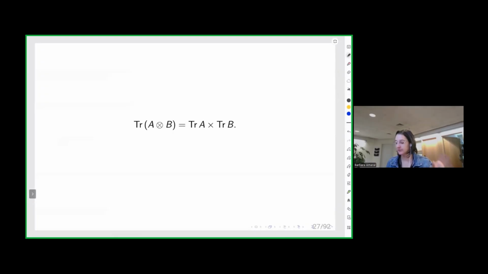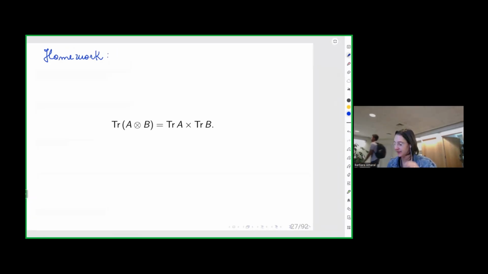Homework, compute. So we will also apply for homework. Compute relations for the trace of matrices when they are square, for you to compute, right?